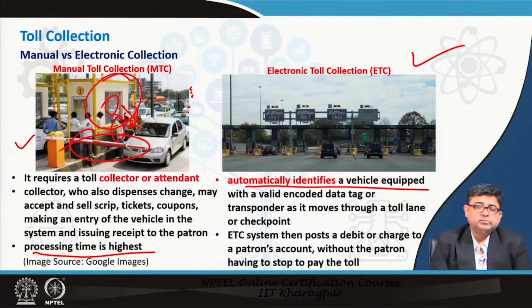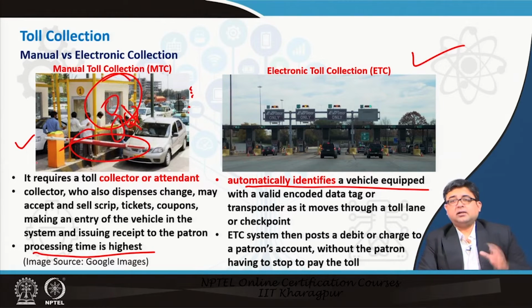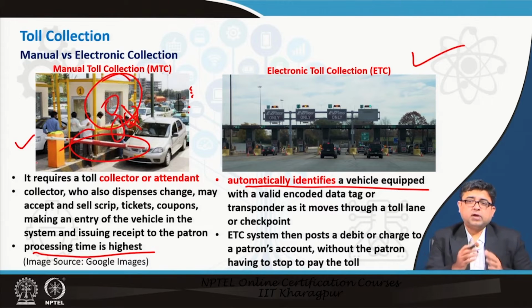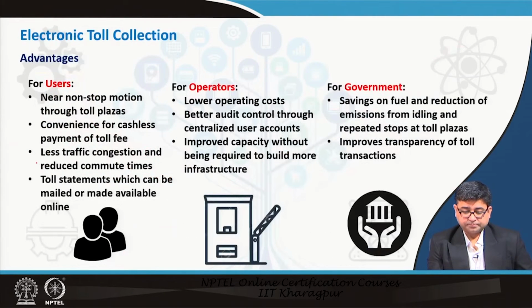Ideally, there should not be any boom barriers at the electronic toll plaza counters, and you should just be able to go through directly because your transponder is read. So, in ideal conditions it should not provide any delay, but maybe since you have to at least diverge and merge into those particular lanes, you will still have some delay, but your delay as compared to manual toll plaza collection is minimized to a large extent.